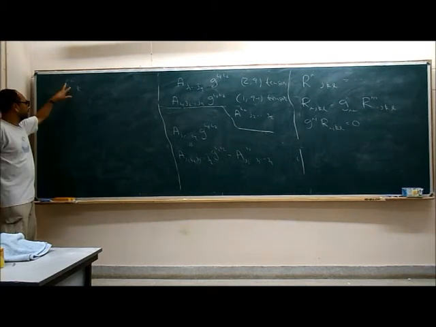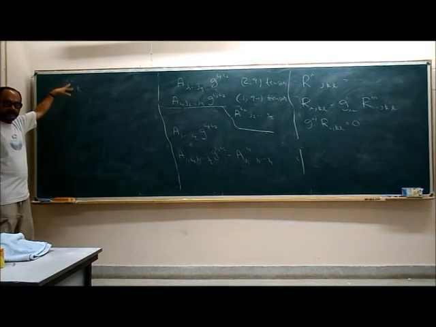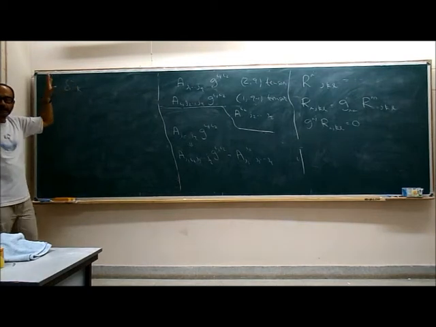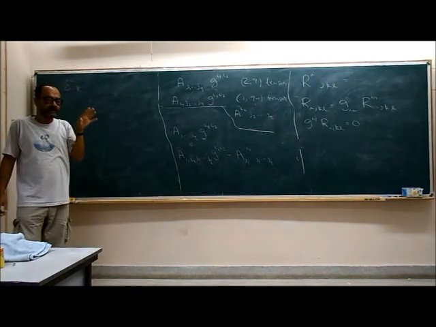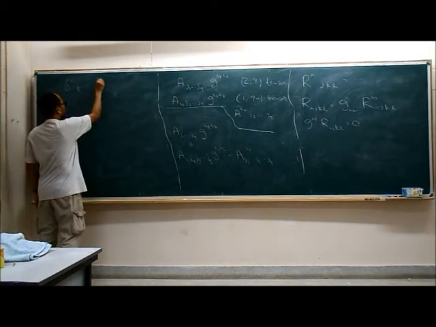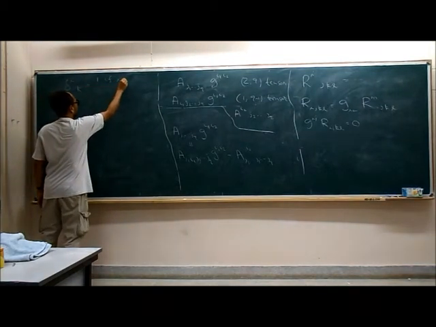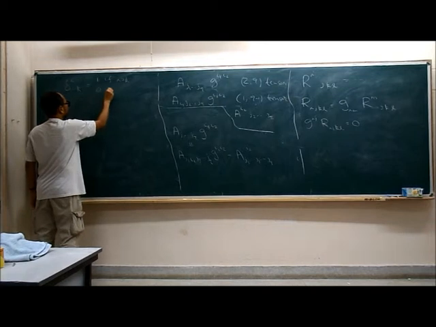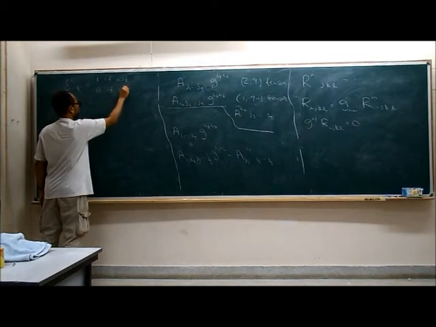So this is the Kronecker delta or Kronecker symbol. Delta ik by definition is 1 if i is equal to k, 0 if i is not equal to k.